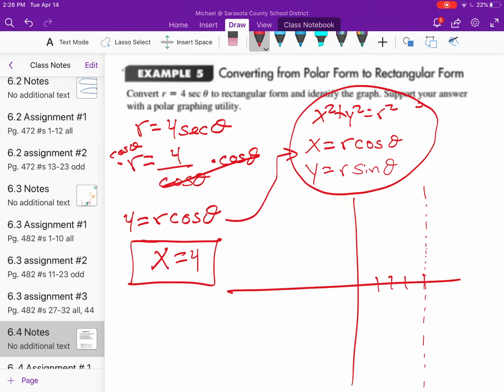The two-dimensional view is just this circle going over and over, wrapping around this idea of x equals 4.